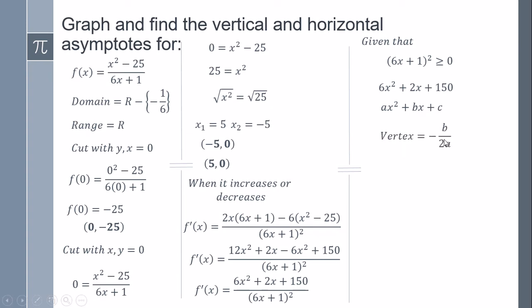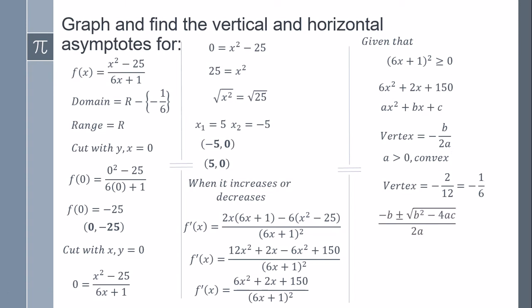The vertex is defined by minus b over 2a, and when a is bigger than 0, in this case 6, it is convex, so it opens upwards. Here b is equal to 2 and a is equal to 6, so the vertex is going to be minus 1 over 6.